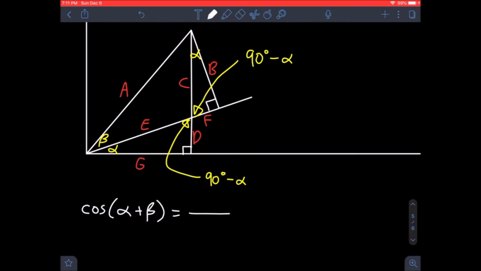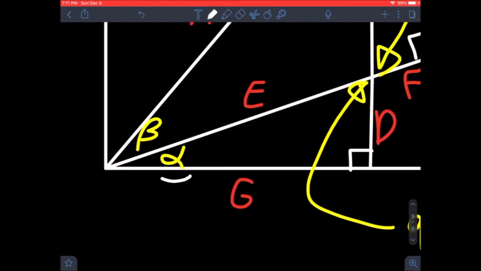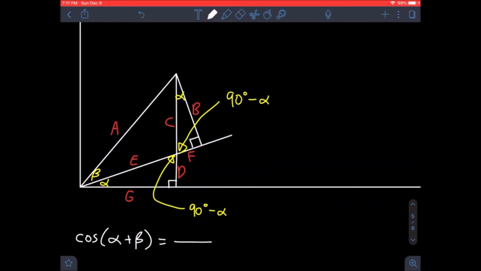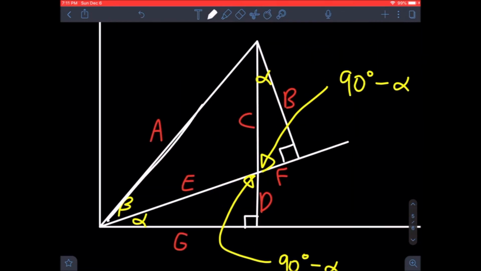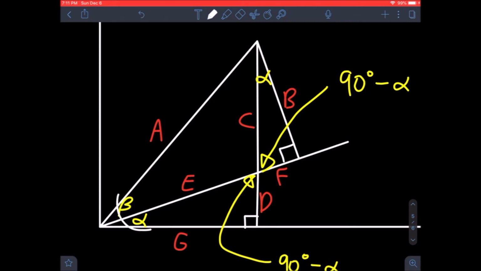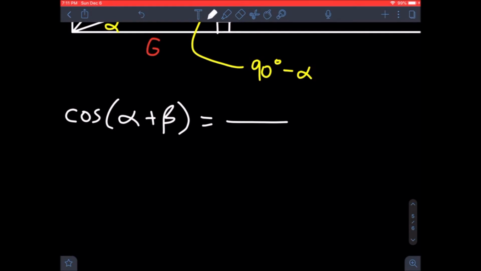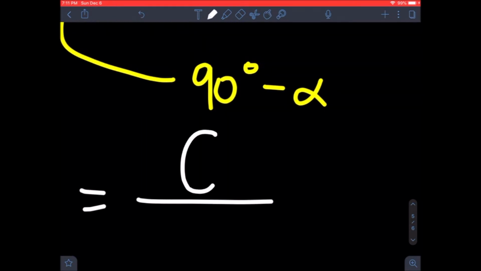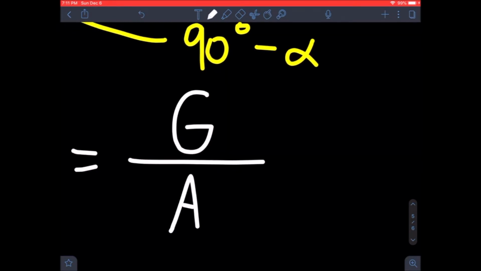The angle we want to use is alpha plus beta, so the right triangle we're going to focus on is this one right here. The cosine of alpha plus beta is adjacent over hypotenuse. It's G over A.